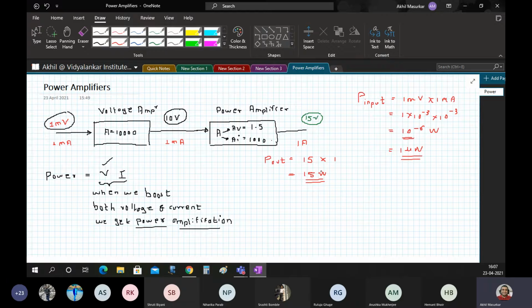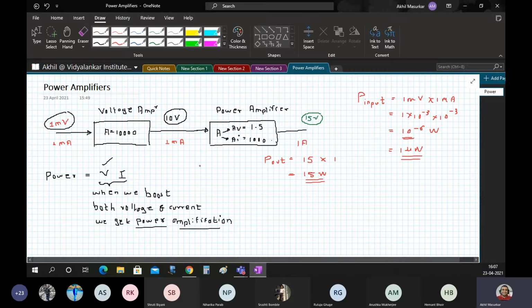It is supposed to boost the power, and only boosting the voltage is not sufficient to boost the power. If you just look at this point here, the power would be 10 into 1 into 10 raised to minus 3, which would be just 10 milliwatts. This kind of 10 milliwatts power is not sufficient to drive speakers.